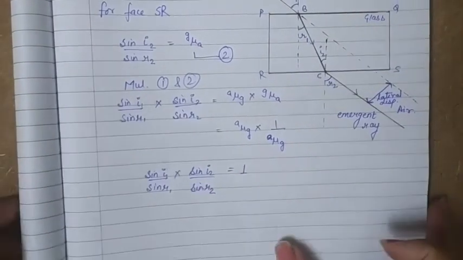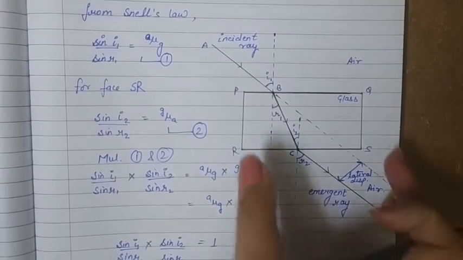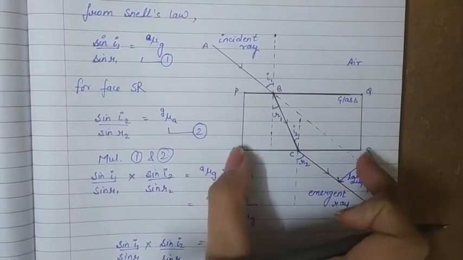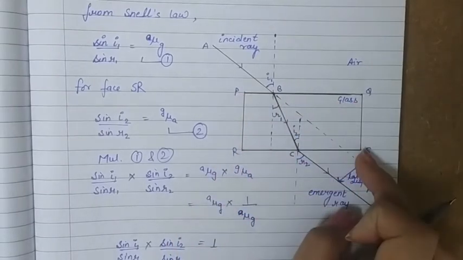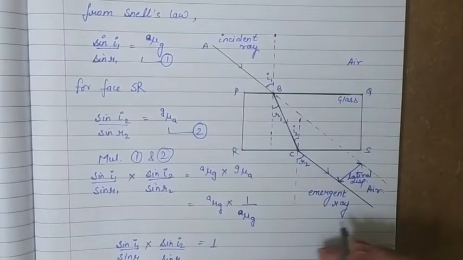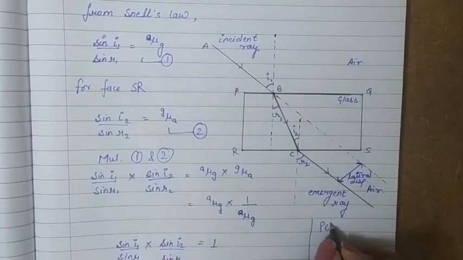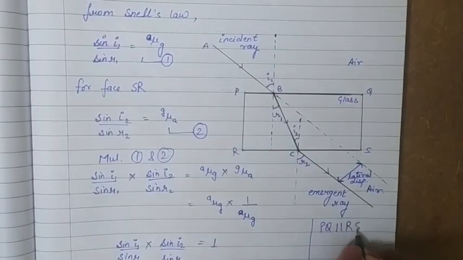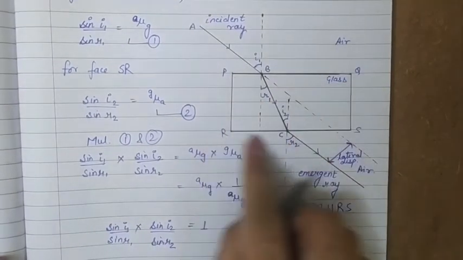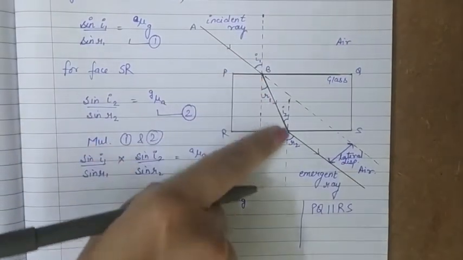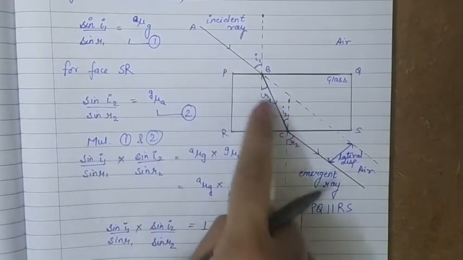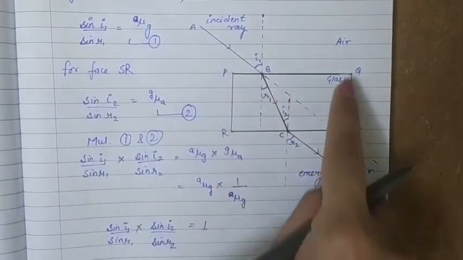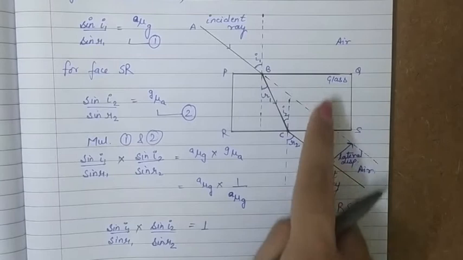Now from the diagram, we have to see that this is a glass slab. So in this rectangular glass slab, the face PQ is parallel to RS. If PQ and RS are parallel and this line BC is a transversal, BC is a transversal that is cutting these two parallel lines PQ and RS.